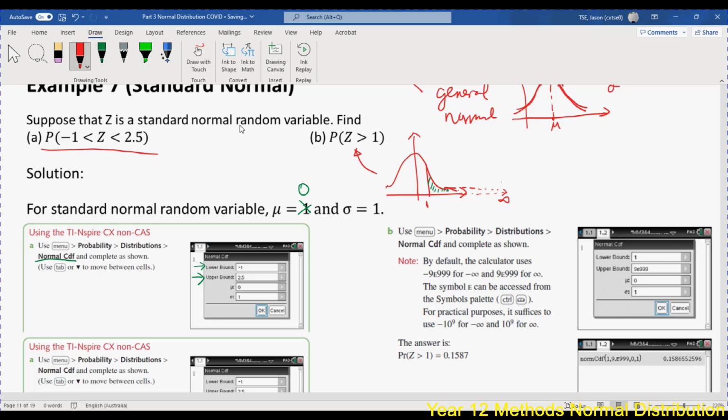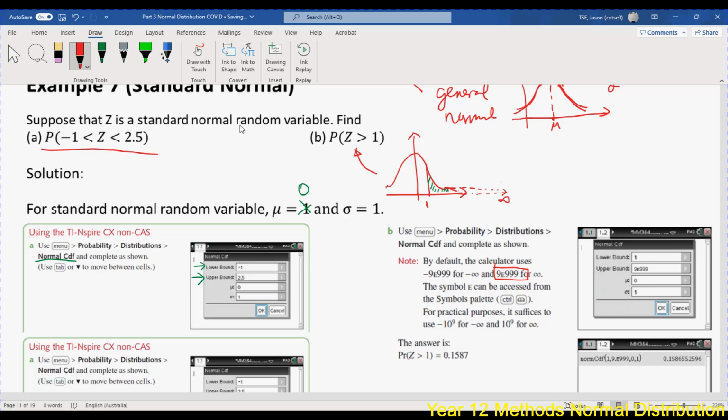But how can I input infinity in the calculator? According to the textbook, you can use 9E something, where E just means 10 to the power of something. There are a few ways to do it. You can use control and that symbol, and there will be a template of values for you to use.